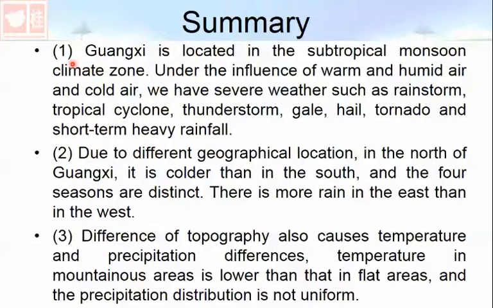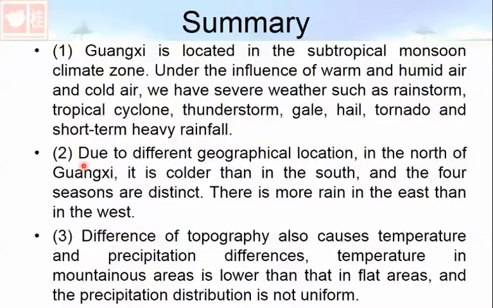From the above, we can get the following summary. First, Guangxi is located in the subtropical monsoon climate area. Under the influence of warm and humid air and cold air, we have severe weather such as rainstorm, tropical cyclone, thunderstorm, gale, hail, tornado, and short-term heavy rainfall. Second, due to different geographical location, the north of Guangxi is colder than the south.